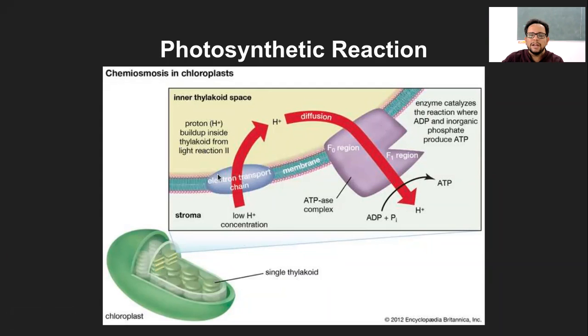Those electrons will enter into the electron transport chain. They will cause the release of hydrogen ion because it's like splitting the water, right? H plus and oxygen is being released separately. Whatever energy is generated in that ETC will ultimately be utilized in the formation of ATP. So this is kind of a summary of this light photosynthetic reaction.